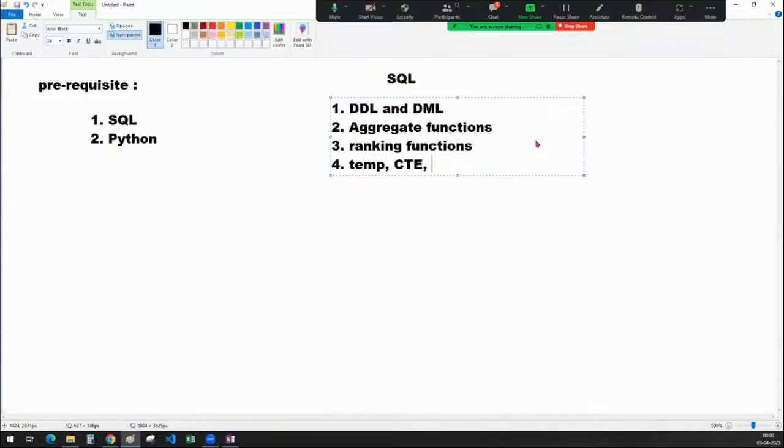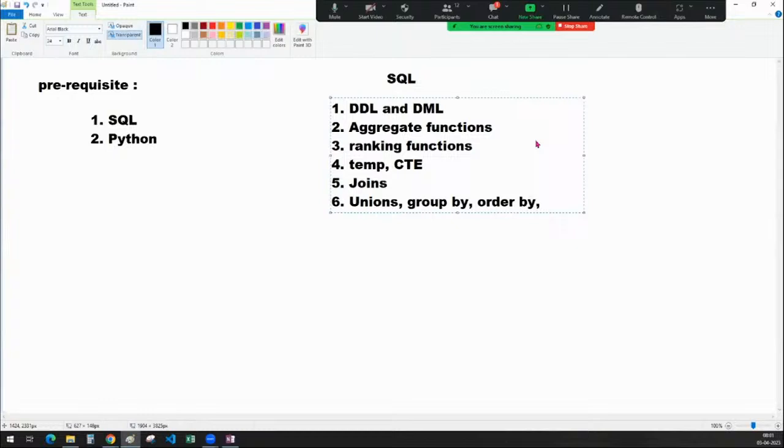In a temp table, there is a local temp table and a global temp table, and then common table expressions, CTE. And the fifth thing, I forgot one more thing, mainly, guys: joins, unions, group by, order by.